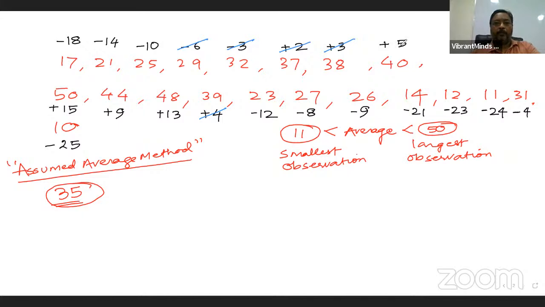See. Then we have plus 13 and minus 13. Is it clear? Again, see.